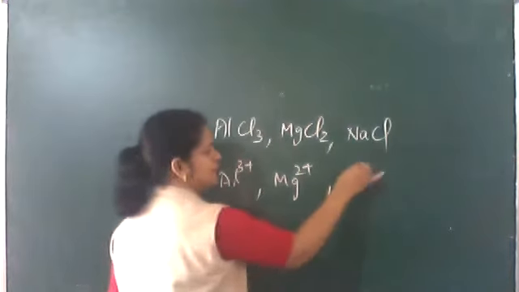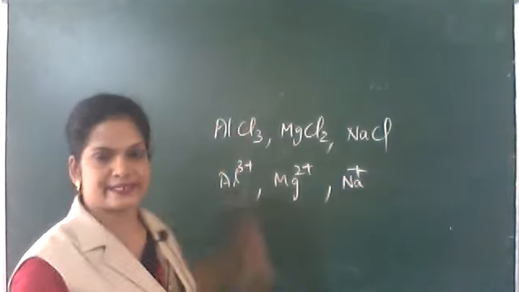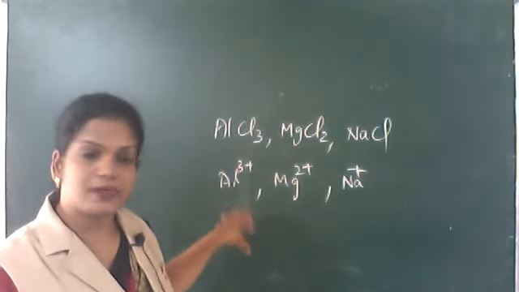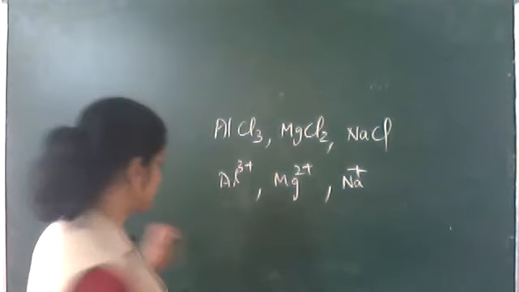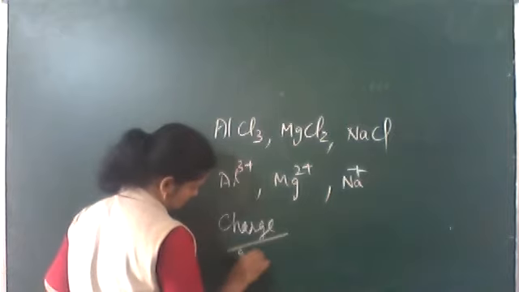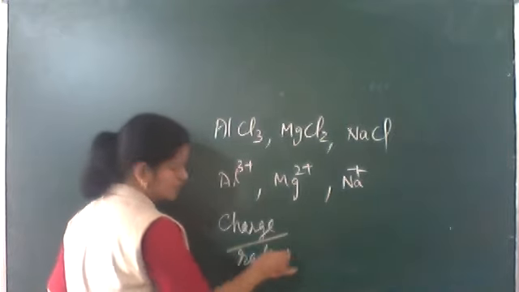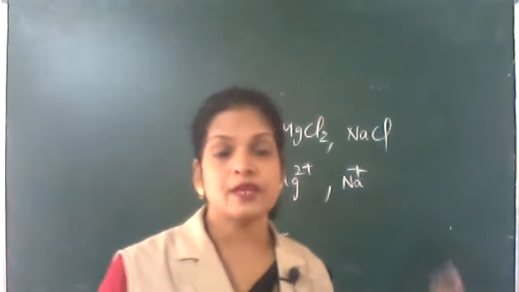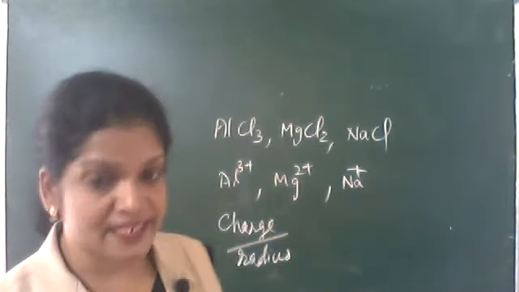So which is the best covalent compound? AlCl3, because it has a high charge upon radius ratio. Radius is small, charge is high. If the charge upon radius ratio is high, then we say polarizing power of the cation is high.